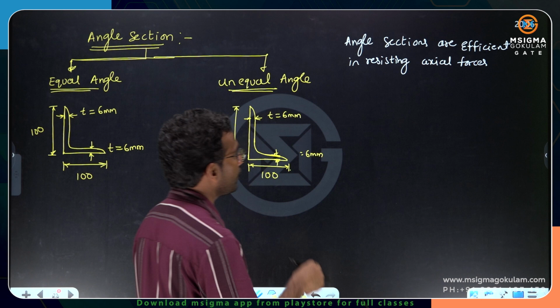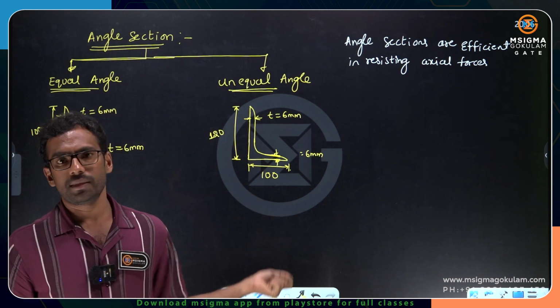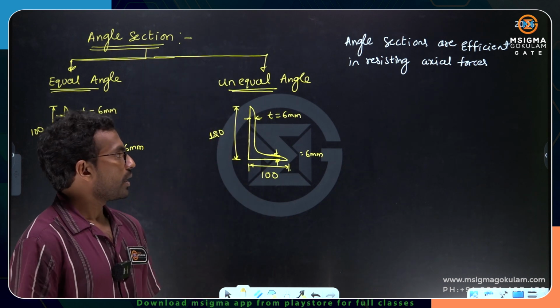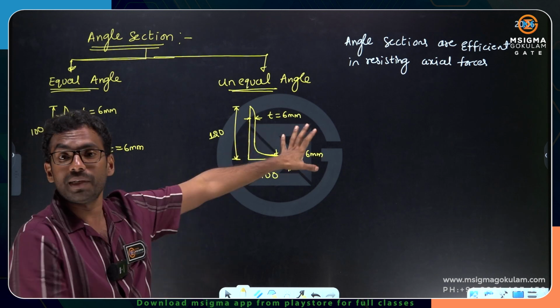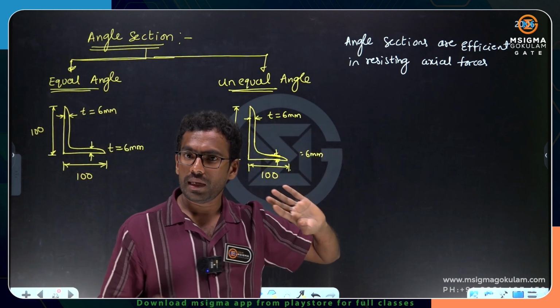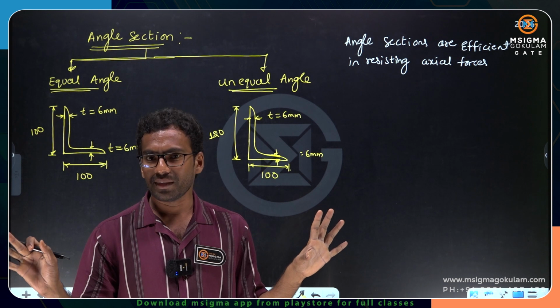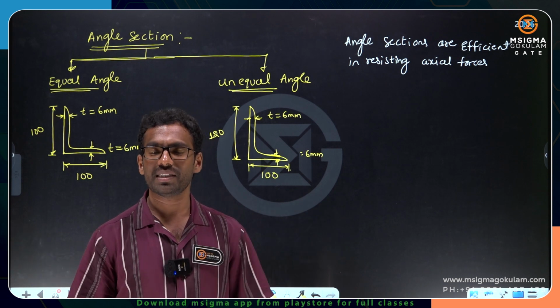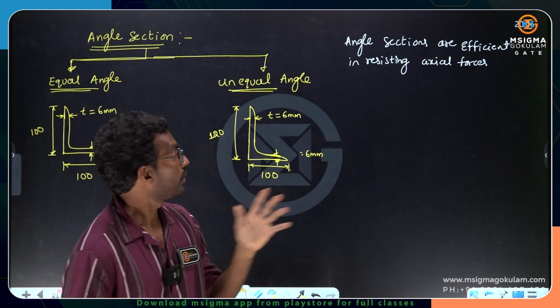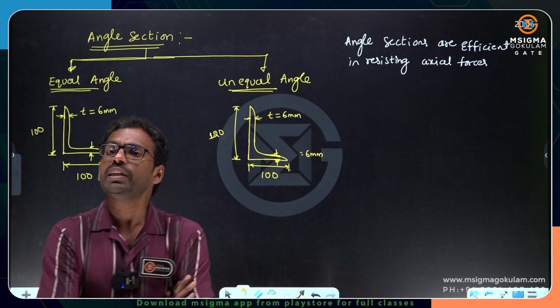That means it may be compressive force, it may be tensile force. Now, they are unable to resist bending. Very important thing is angle sections cannot take the bending. So we never provide angle section as a flexural member. Please understand it. Now, which section is best?